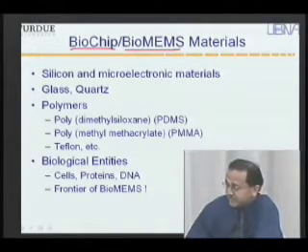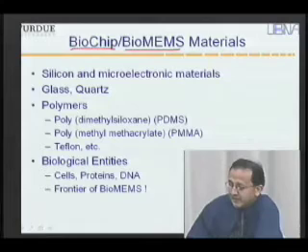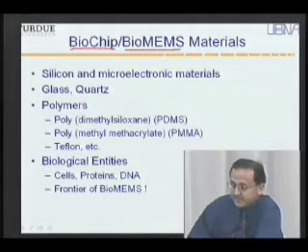And in addition, we talk about all these materials like silicon, glass, and polymers, and now more and more people are talking about the use of biological entities to make devices. This is really a very new area of research, but can we actually use biological entities themselves, like cells and proteins and DNA, to make certain shapes and structures and devices? This is really one of the frontier areas of research in BioMEMS.